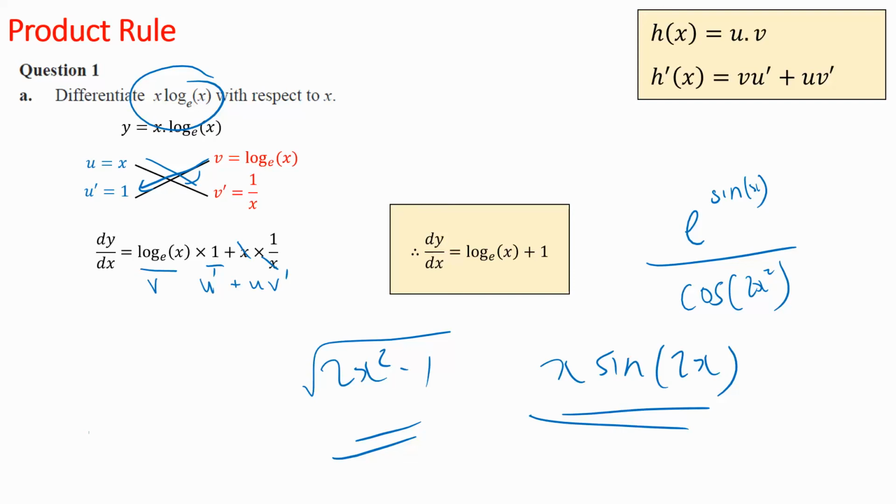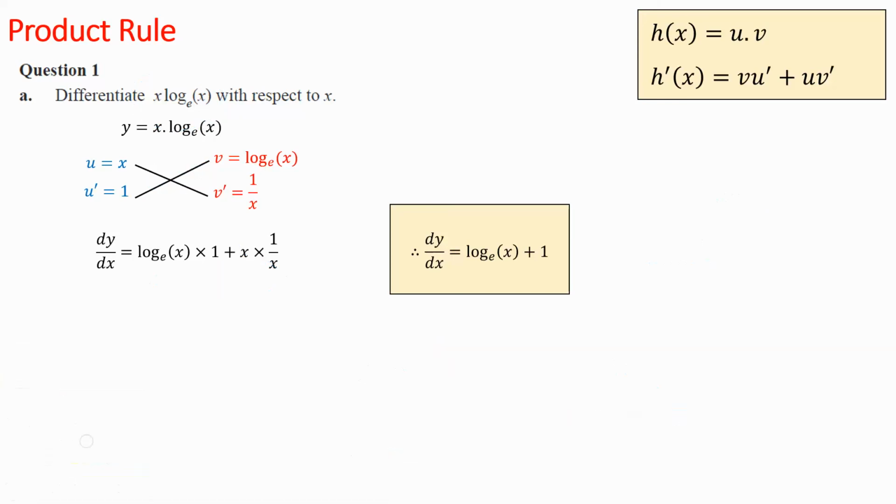Okay. Now, let's do another example. There would be situations where you could do chain rule and then you have to do products. Yes, there could be. So you could have a chain rule where you would do a product.